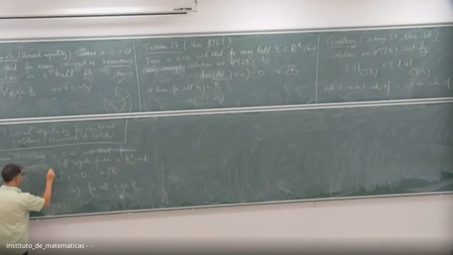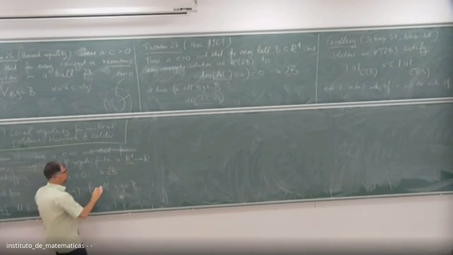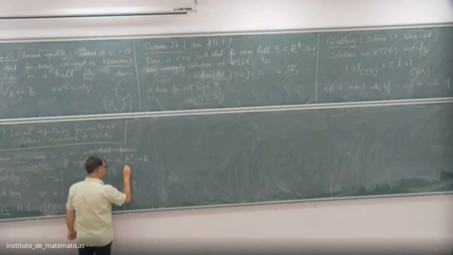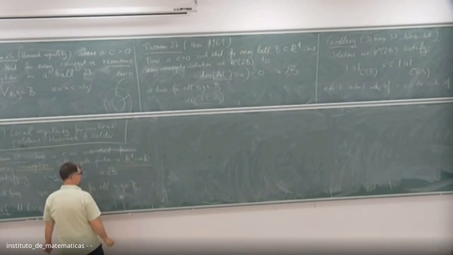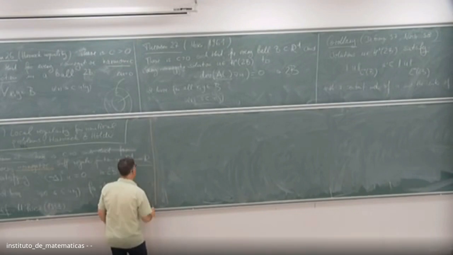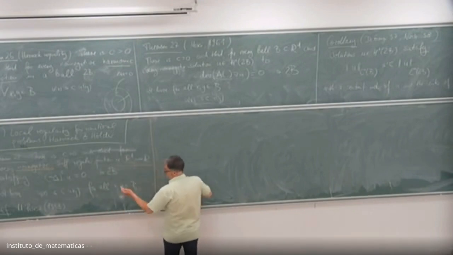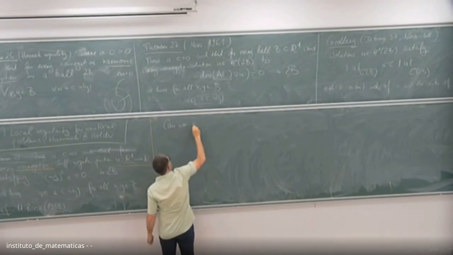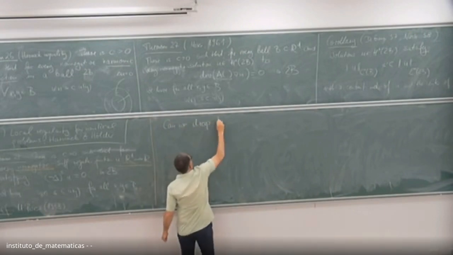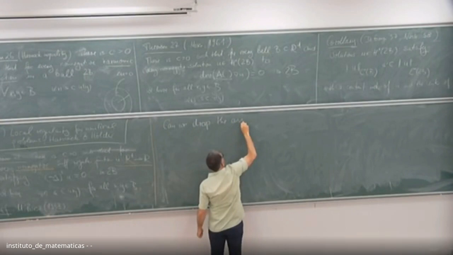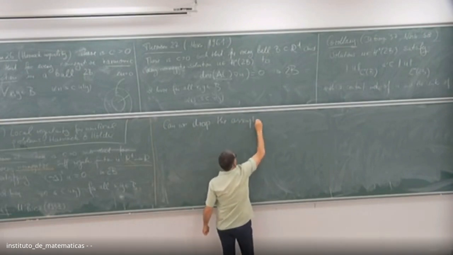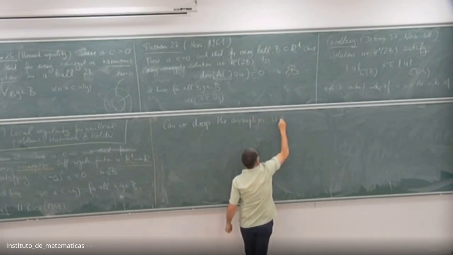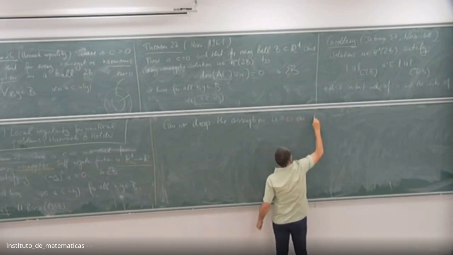So this means that U as a function on RD is non-negative. If I turn it into a question, can we drop the assumption u greater than or equal to 0 on RD?